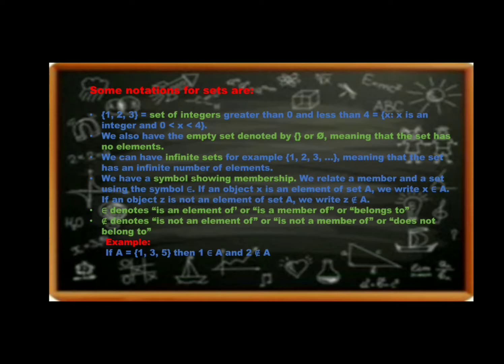The symbol ∈ with a diagonal line denotes "is not an element of," "is not a member of," or "does not belong to." Example, if set A has the elements 1, 3, and 5, then we can conclude that 1 is an element of A and 2 is not an element of A.